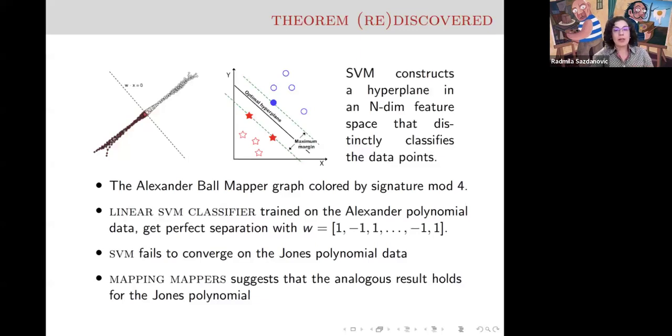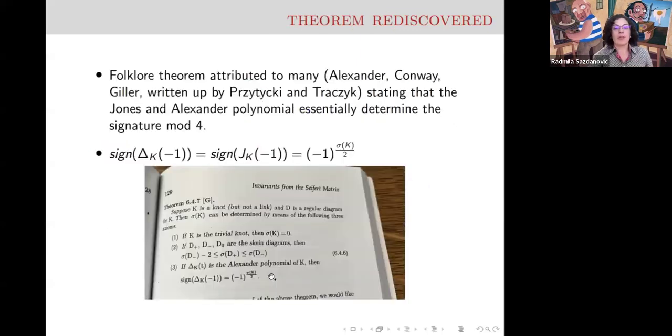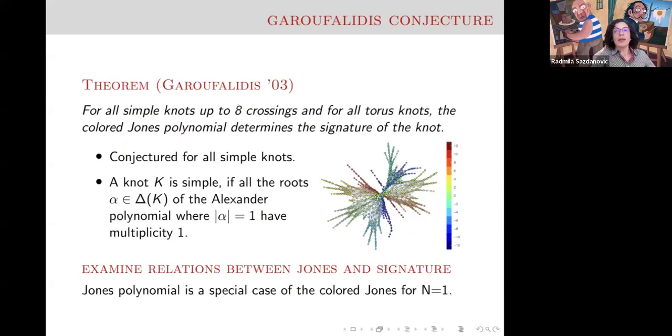So basically we did rediscover the folklore theorem that says that both the Alexander and the Jones polynomial determine the signature mod 4. Another interesting conjecture is due to Garoufalidis, and it says that something much stronger than the Jones polynomial, the colored Jones polynomial, determines the signature of a knot.